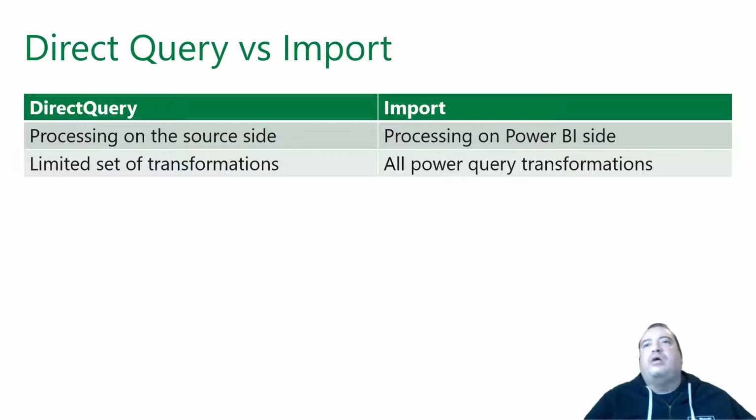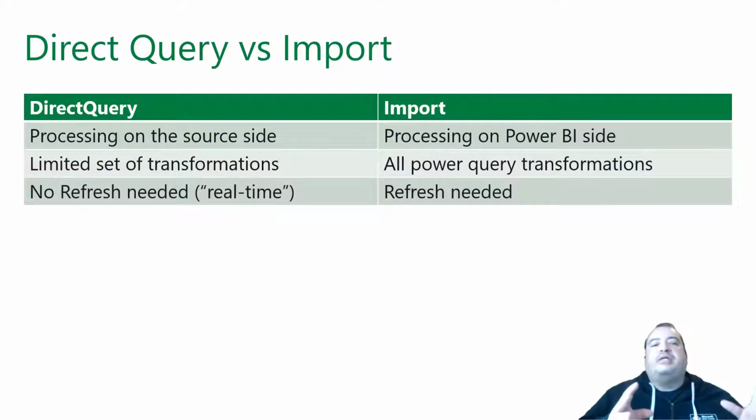For example, if the source is a SQL Server, it's limited by SQL. Not all Power Query transformations can be easily translated to SQL. So we don't have all the Power Query transformations available to us when using DirectQuery. When we use import, on the other hand, we have all Power Query transformations available to us because the transformations will be done on the Power BI side.